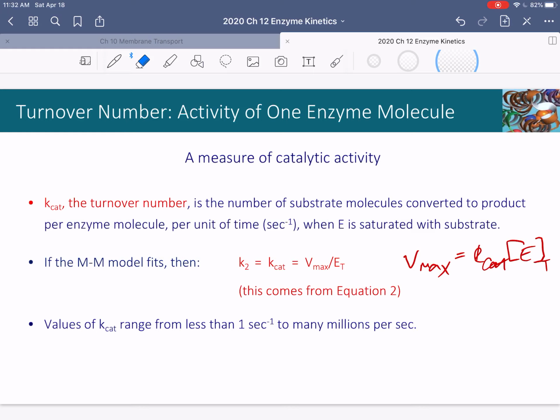Products per enzyme molecule per second when the enzyme is saturated with substrate, because the rate of formation of product is a variable. That's the initial velocity. We're talking about the maximum velocity here. So the turnover number is equal to the maximum velocity divided by the total enzyme concentration. Okay.